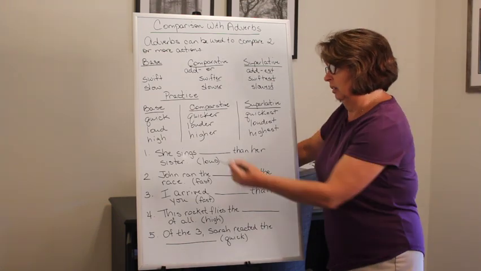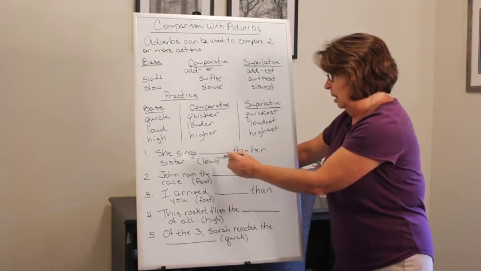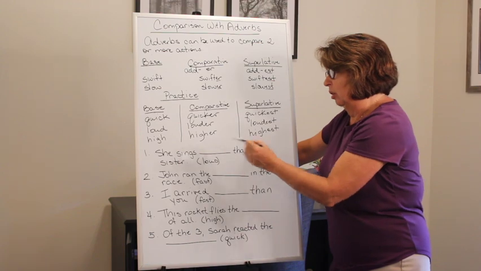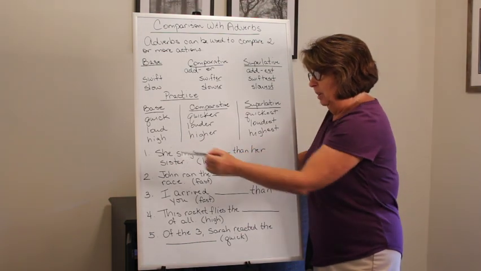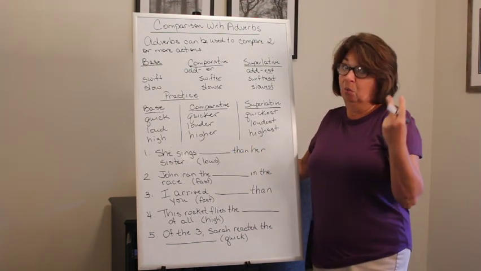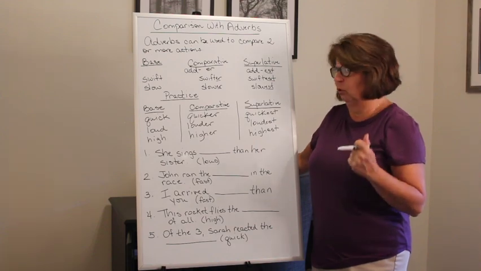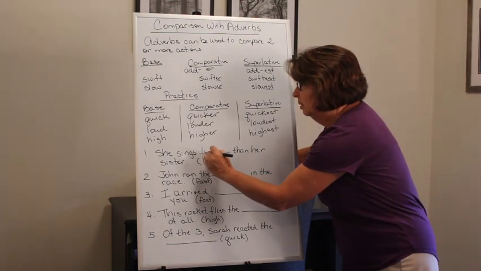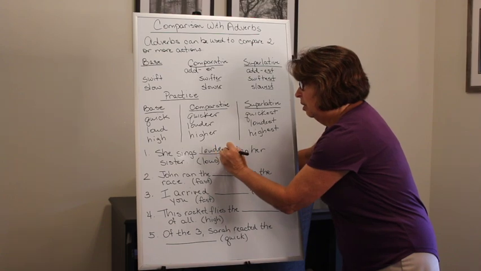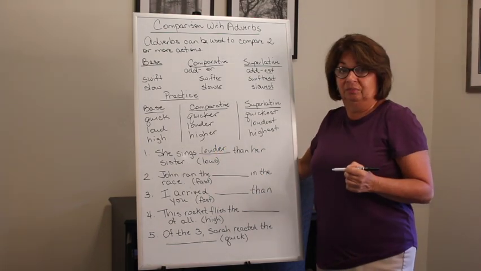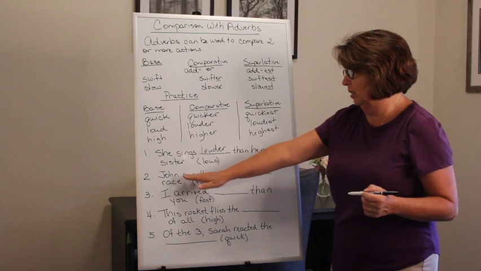So let's look at the sentence. She sings, and the word is loud, then her sister. So we have she and her sister, so we're comparing two things. So she sings louder than her sister.